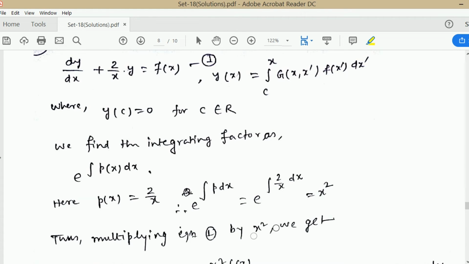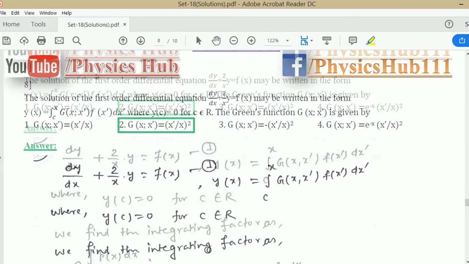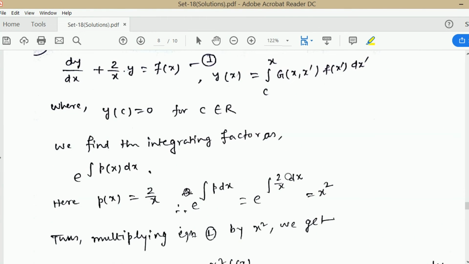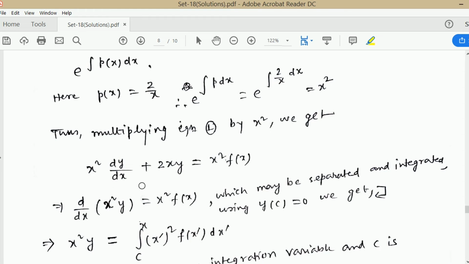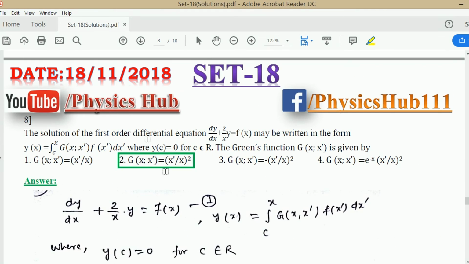We multiply both sides of the equation by x square: x square dy dx plus 2x y equals x square f of x, and it can be written as d dx of x square y equals x square f of x, which may be separated and integrated using the boundary condition y at c equals 0.